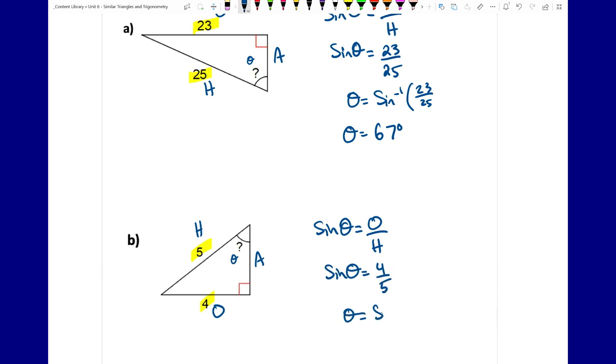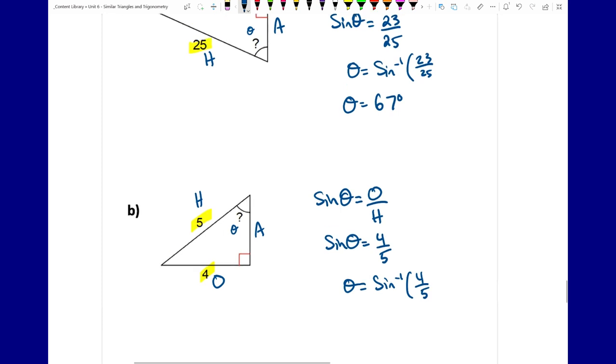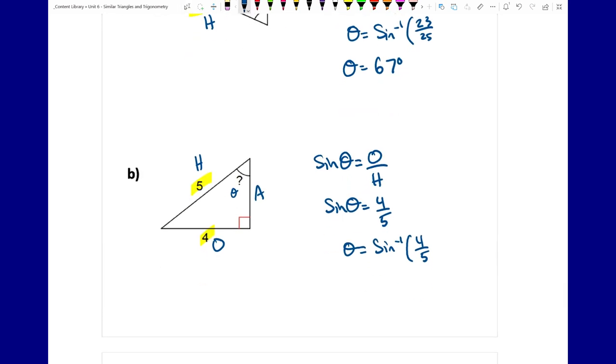Theta equals sine -1 of 4/5, right? Bring that sine ratio over, and the sine becomes the inverse. So sine -1 of 4 divided by 5, or 0.8. And we get an angle of 53 degrees.